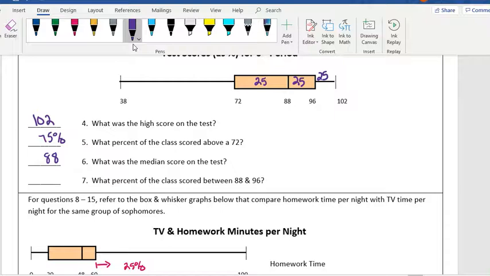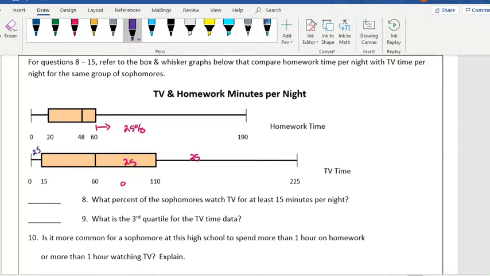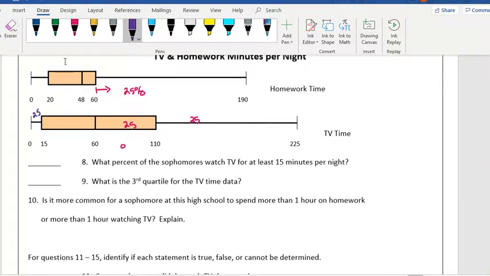What percent of the class was between 88 and 96? 25%. Okay. All right, next one, TV and homework time. So let's see, what percent of sophomores watch TV for at least 15 minutes a night?